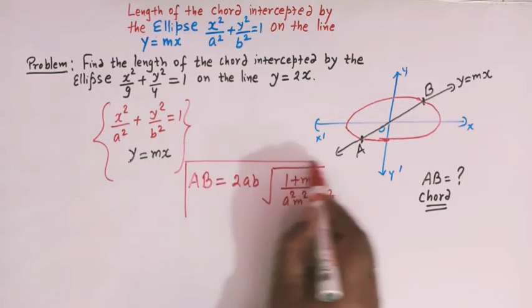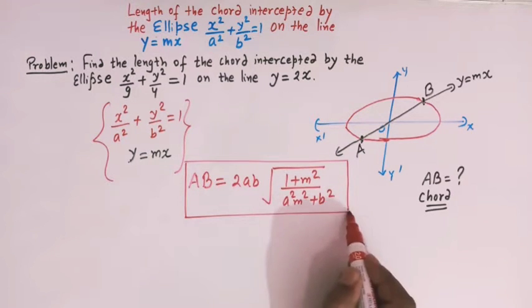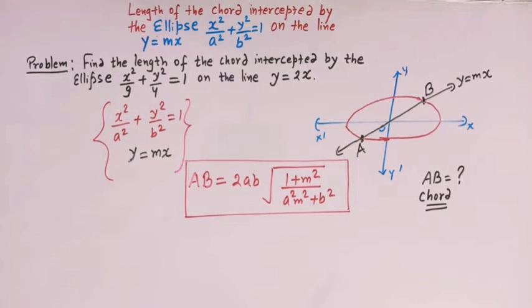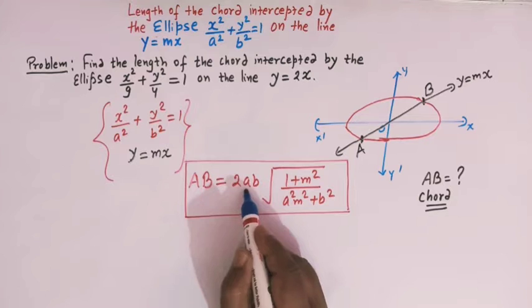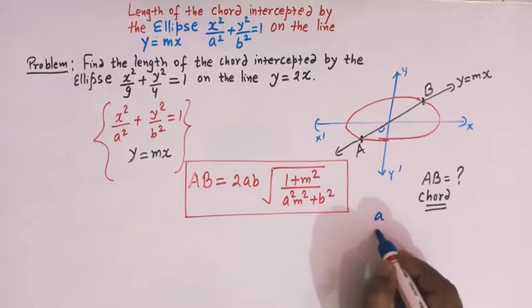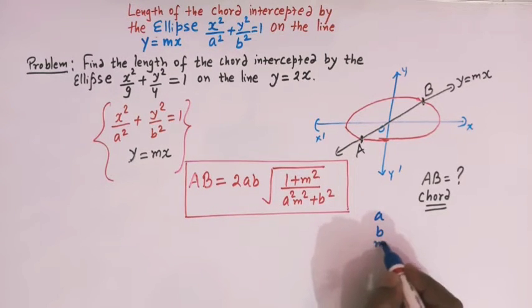So this is our formula to find out the length of this chord AB, right?